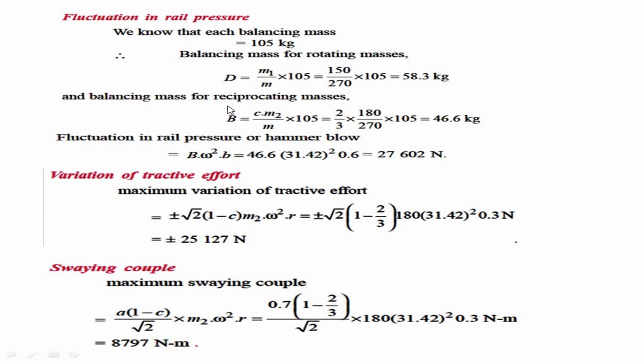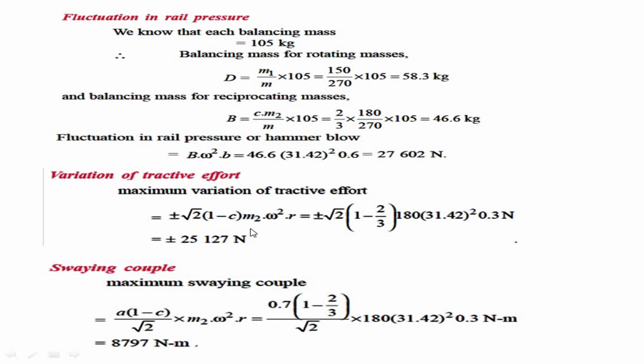Here the general mistake observed is that straight away we are using 105 kg for capital B, which is not true. So by using this value we can determine the value of fluctuation in rail pressure, which is also known as hammer blow. Now for variation of tractive effort, the equation has already been discussed previously, where one more mistake that we commit over here is that instead of M2 straight away we are using the value of 270 kg that we have used in that table.